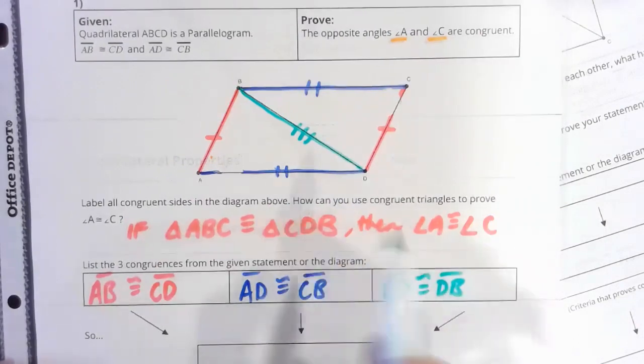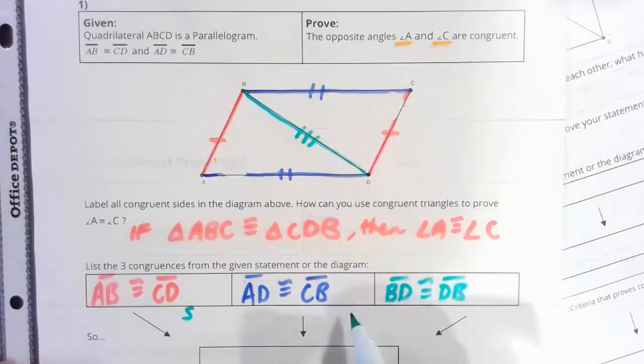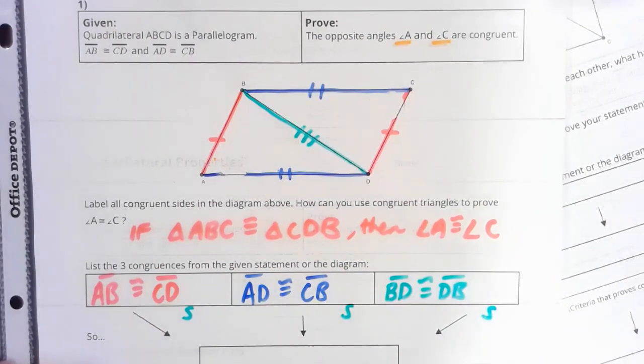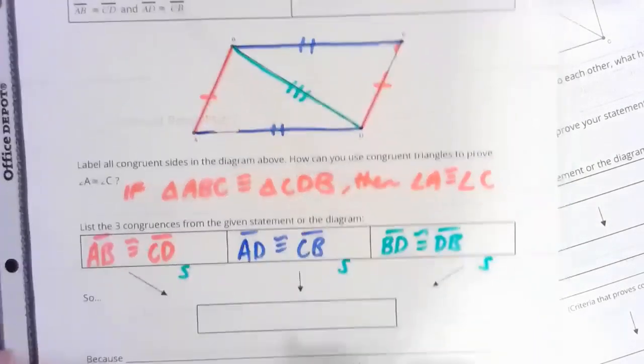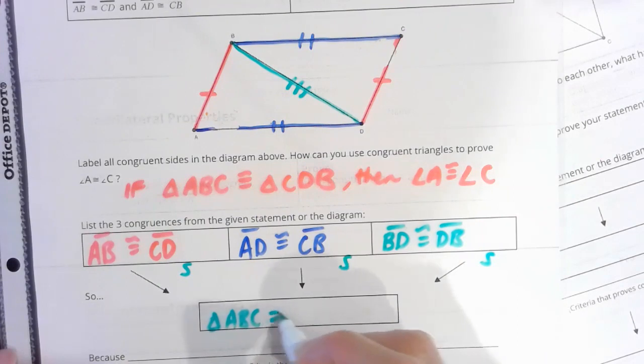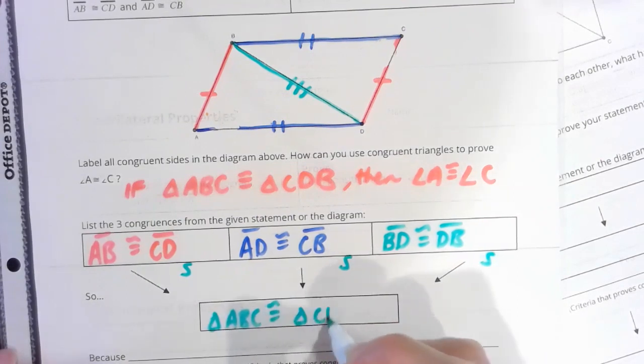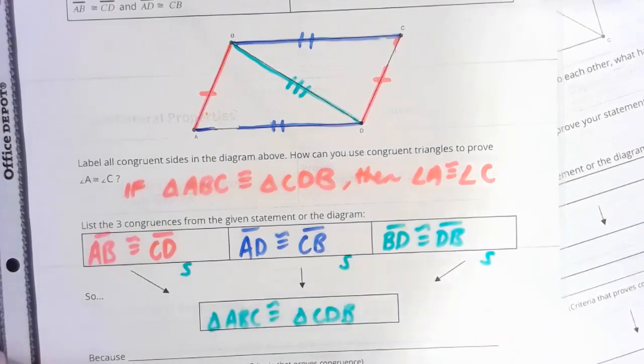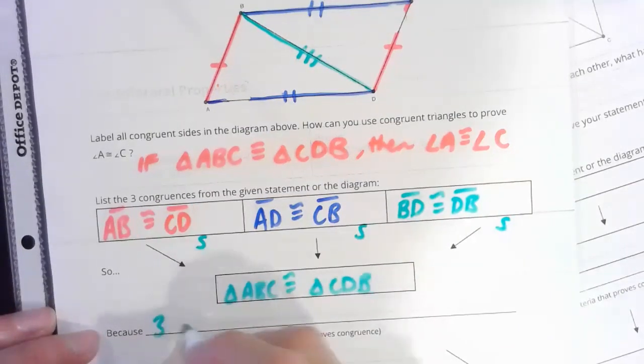And between these two triangles that I'm trying to prove congruence, I've listed a side and a side and another side. So I can conclude that triangle ABC is congruent to triangle CDB because they share three congruent sides.